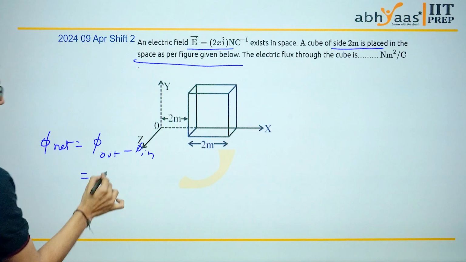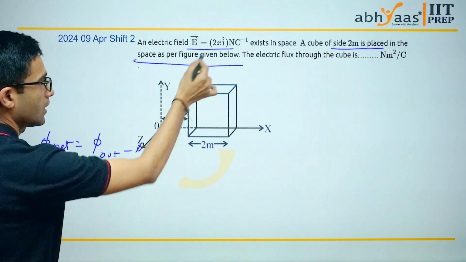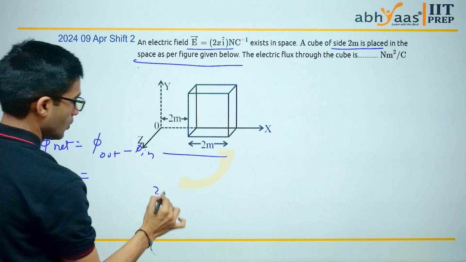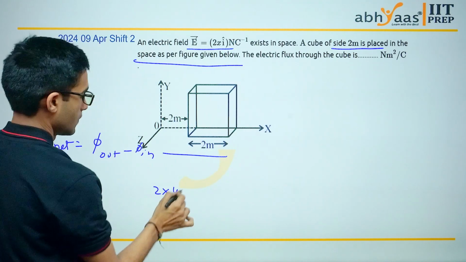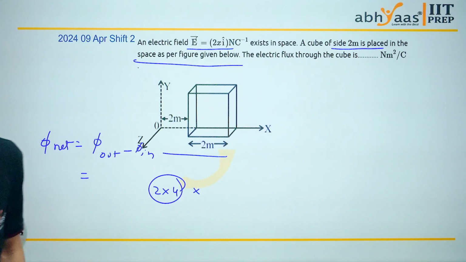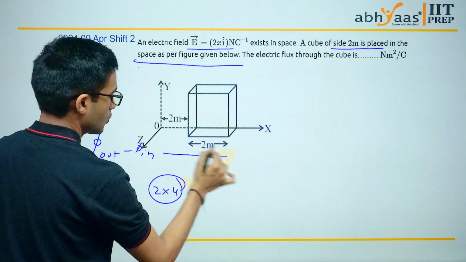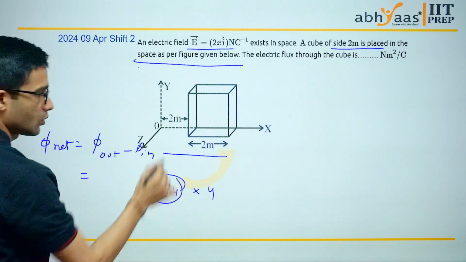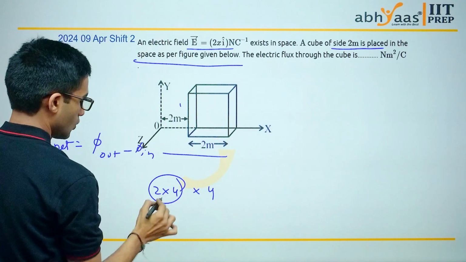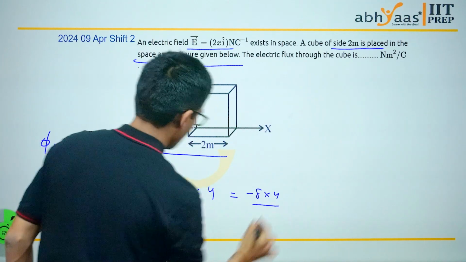Phi is equal to E dot A. What is E here? 4. I will tell you: 2 into 4, 8, into the area you need to calculate. The area for this one is 2 into 2, that is 4, but this is minus 8 into 4.